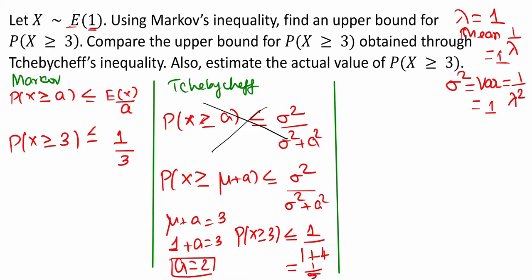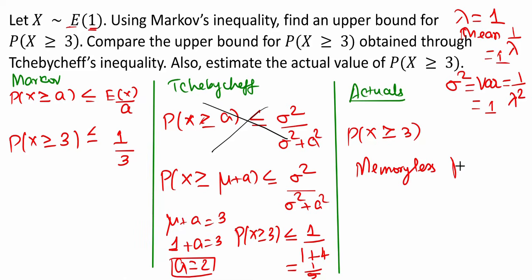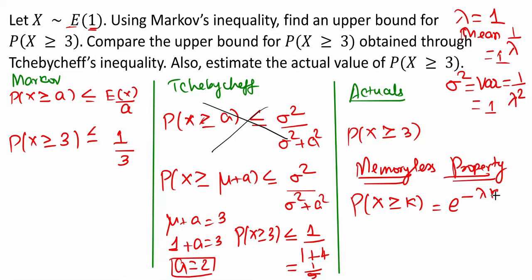And we will go for the last case, your actuals. So using your actuals, how do we estimate the probability of X greater than or equal to 3? We know that by the memoryless property, I can apply it, because the exponential distribution has a special nature of satisfying the memoryless property, which says probability of X greater than or equal to k is e power minus lambda times k.